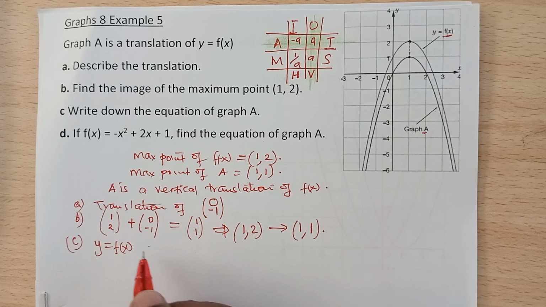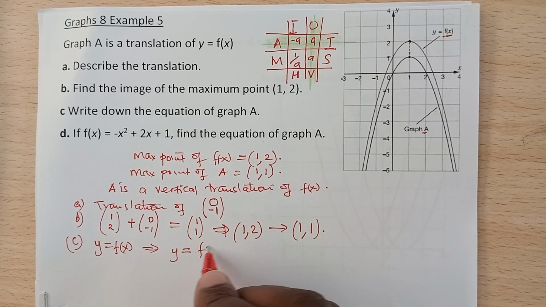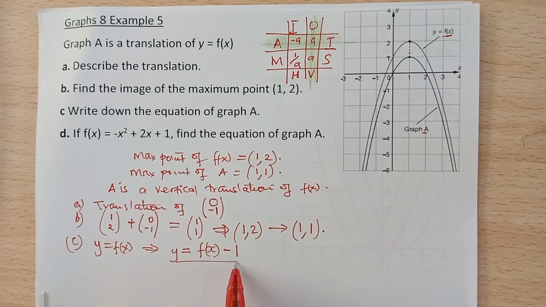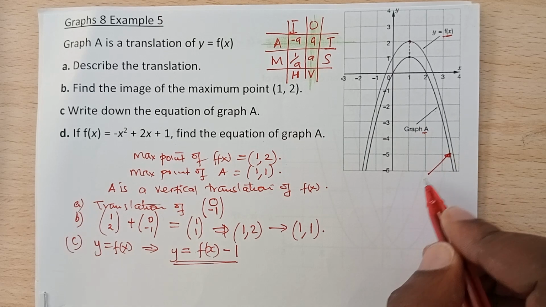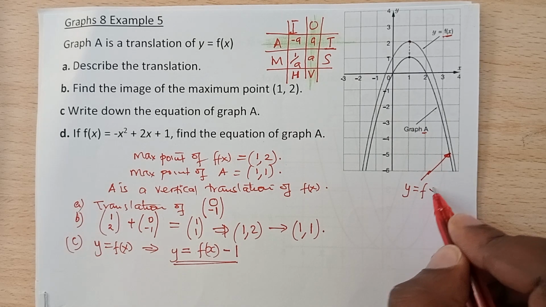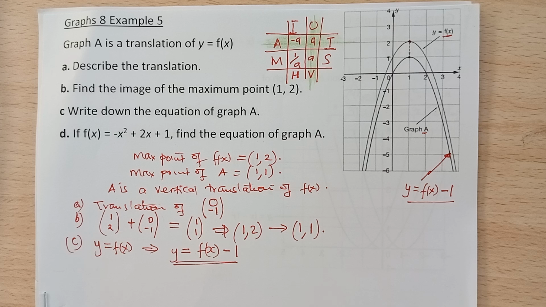It means we have to add a negative 1 to the original function. The new function becomes y equals f(x) minus 1, and this is the equation of A. We can also say y equals f(x) plus negative 1, and that is the new equation.